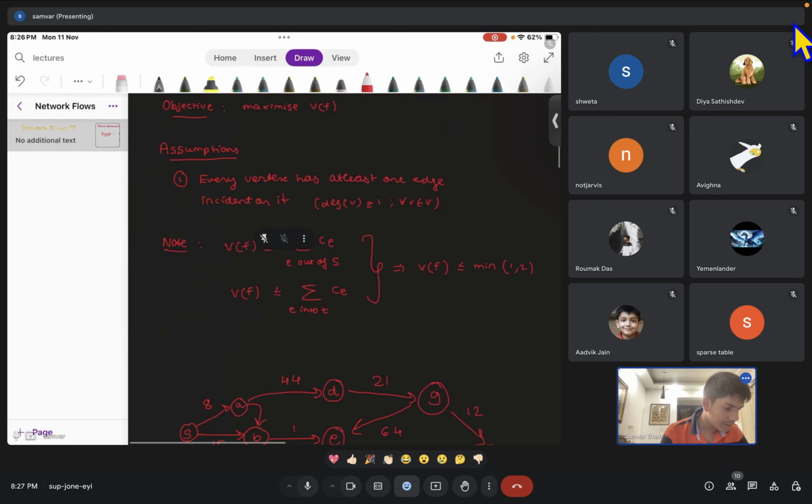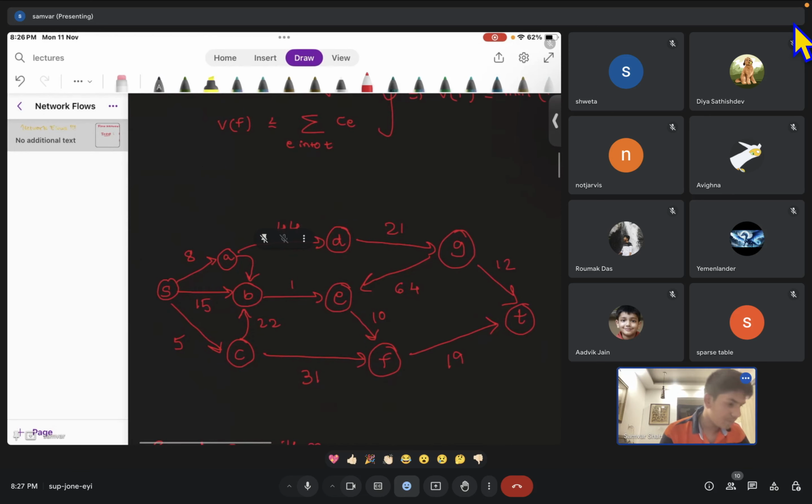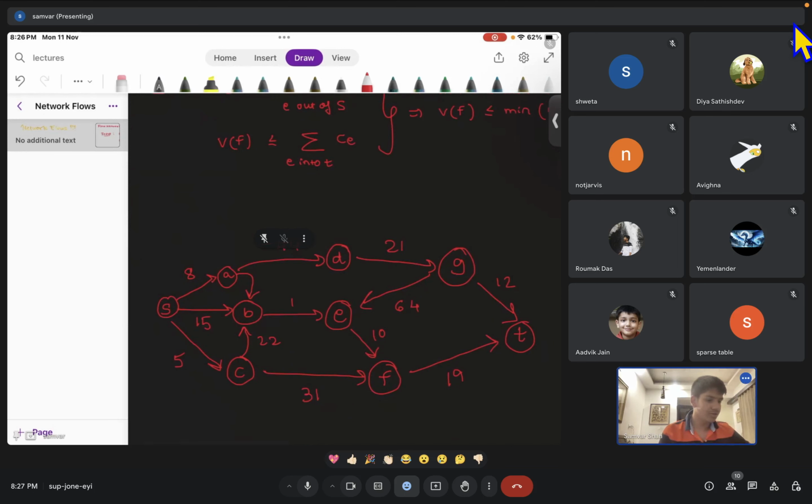So, yes. Now, our first flow network. This is a directed graph. S, A, B, C, D, etc. are all vertices, and the values which I have written in red are the capacities of each edge.